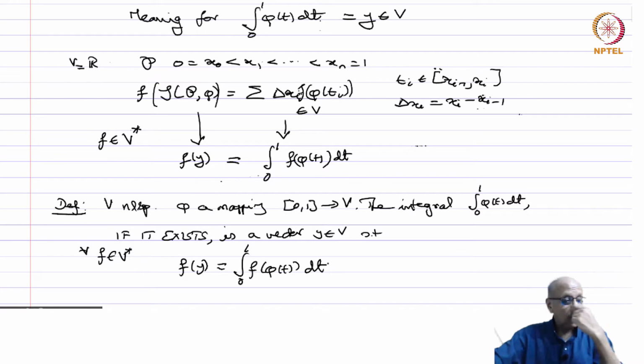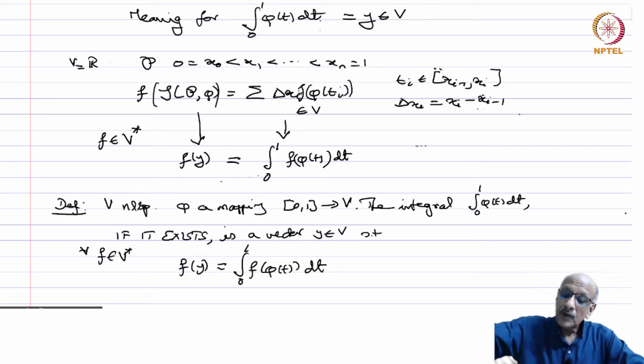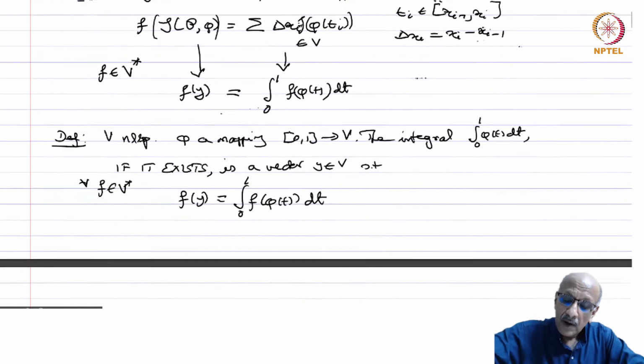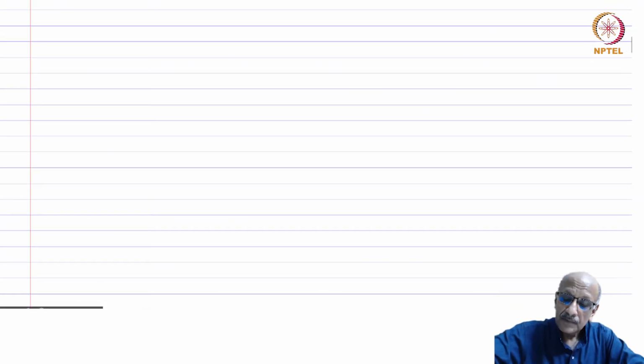So this is what we mean by the integral, and this is the meaning which we give. So it should be a vector such that for any f in V star, f of y should be equal to this real valued integral here. Okay, so now let us prove the following theorem or proposition.